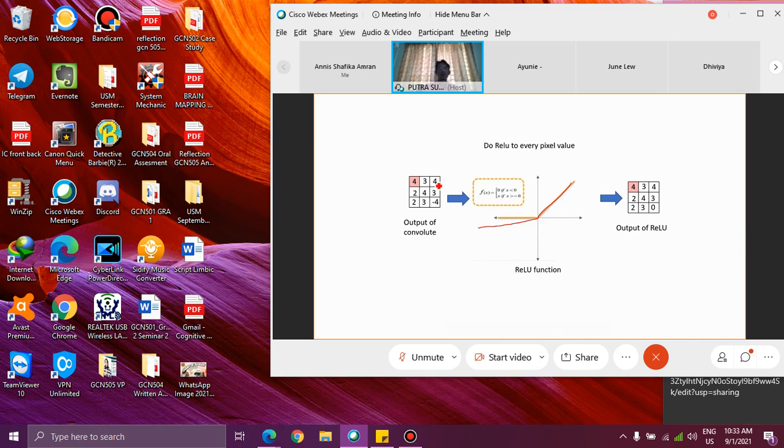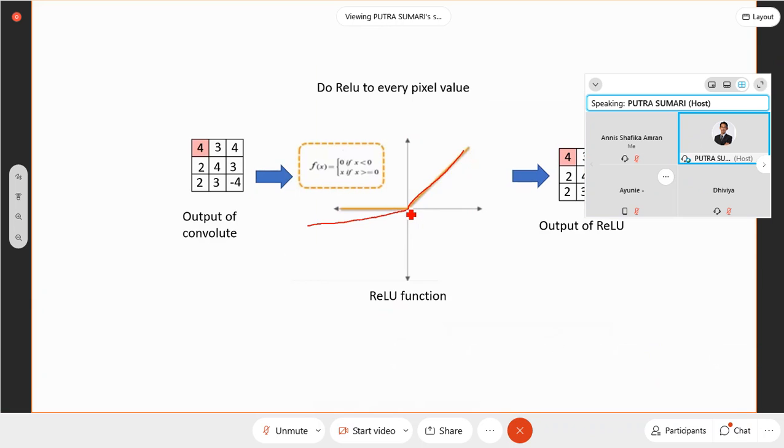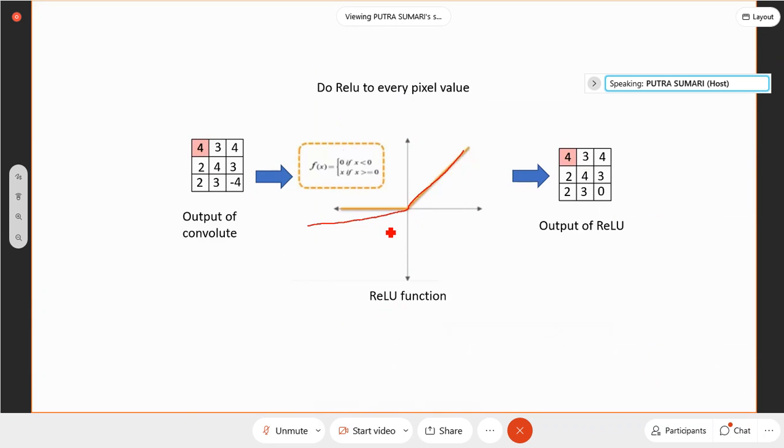When I put 3, it becomes 3. When the input is 4, it goes to this ReLU function, it becomes 4, remains. When I put negative 4 here, the output will be 0. So it changed, because of this function.